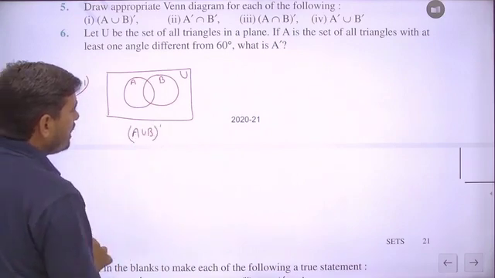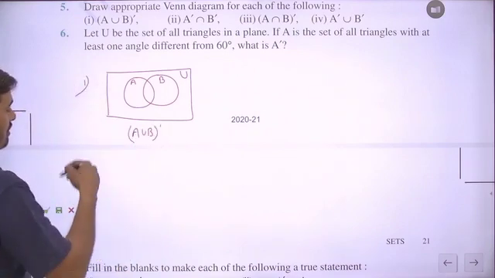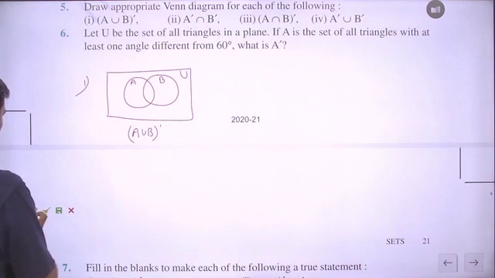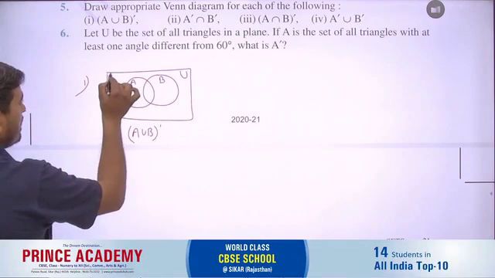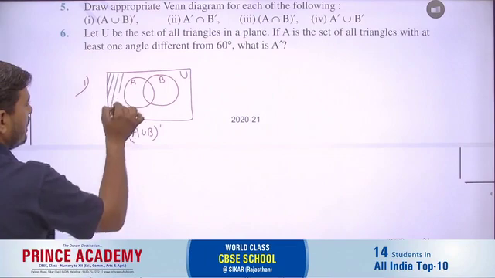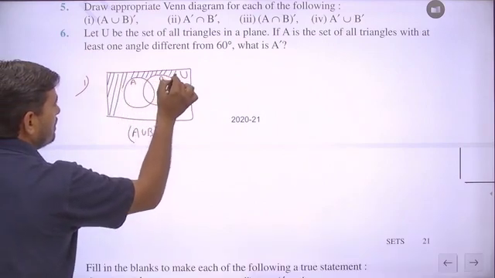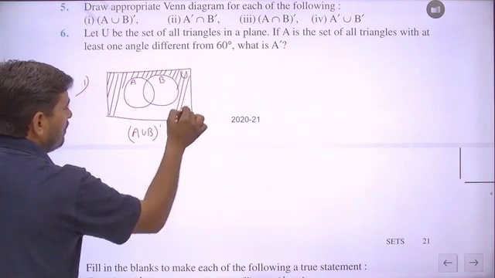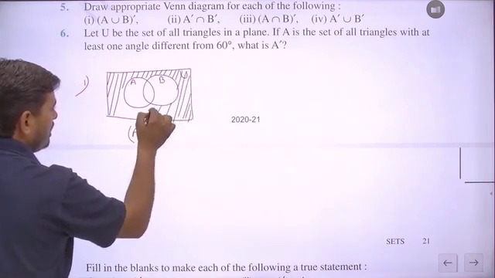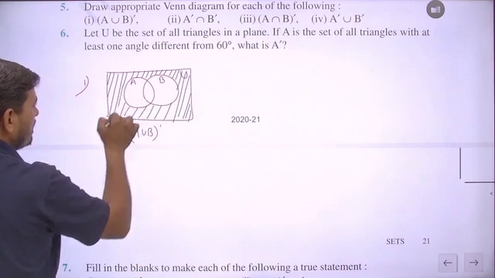Then students, we have to make some shading of the part, means we leave the part of A union B and the remaining part is to be shaded. Is it to be clear?